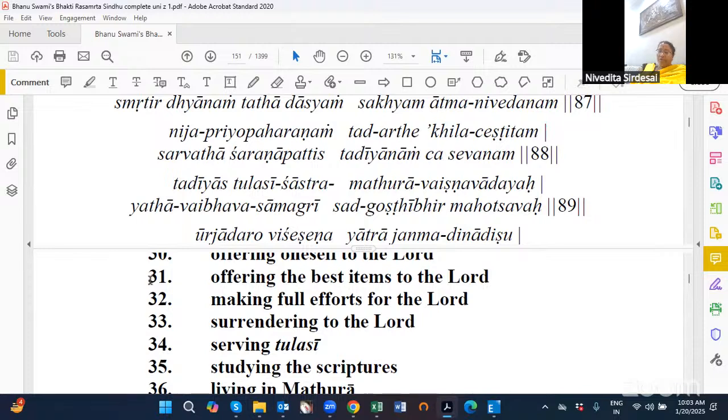Complete full efforts you have to put. Sarvataha sharanapattis, surrendering to the Lord. Tadiyanam cha sevanam. Tadiyanam, his personal things, that is Tulasi. Serving Tulasi. So 4 have been put here, 2 and 2.